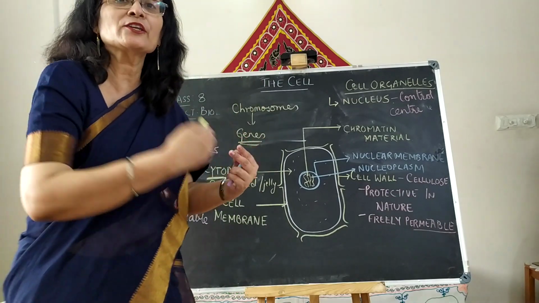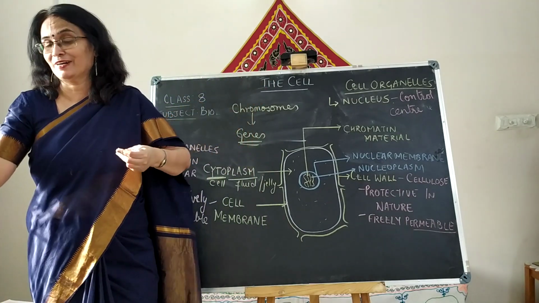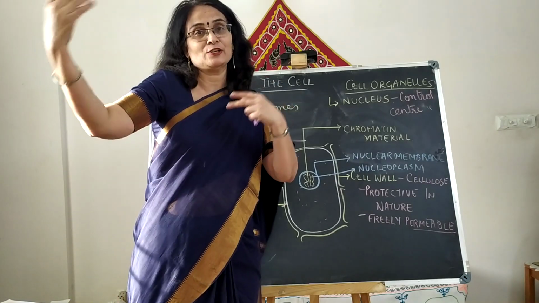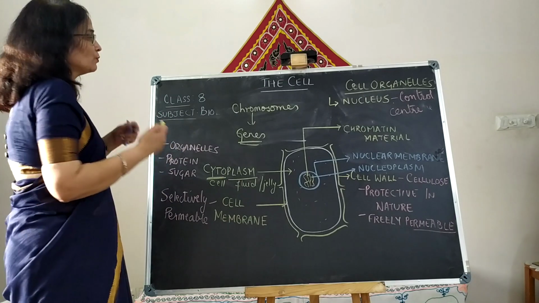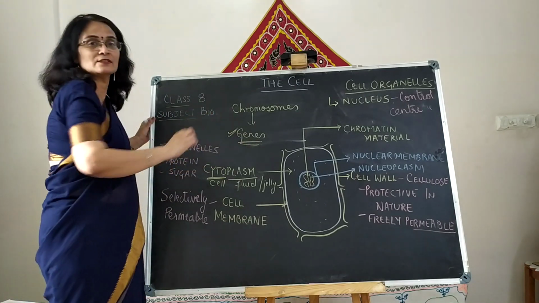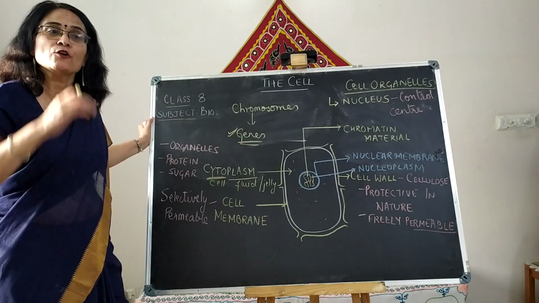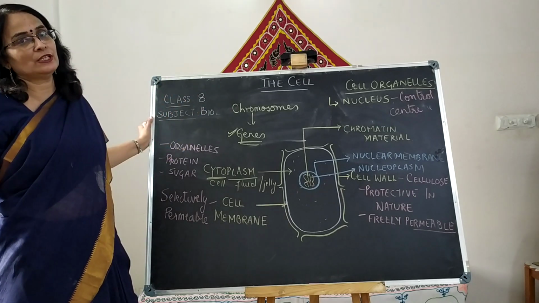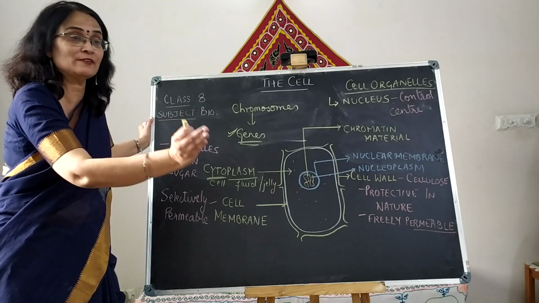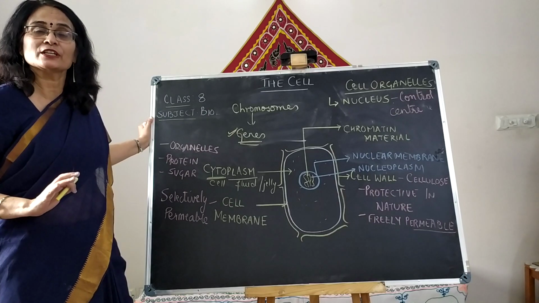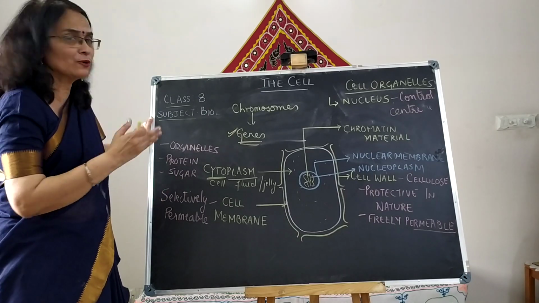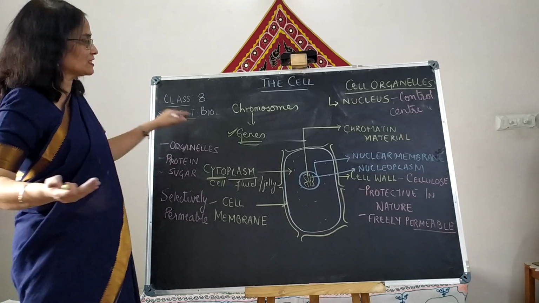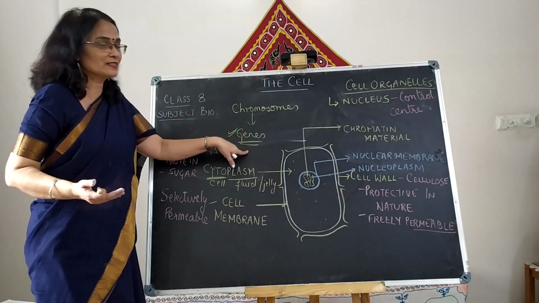If you look like your father, your eyes are like your father, your face cut is like your mother, your hair is like somebody else in the family, it's all going from these genes which are carried from the parents to the offspring. And that is why we say cats are going to give birth to kittens who look like cats only. So it goes on for all organisms that genes are the hereditary material.